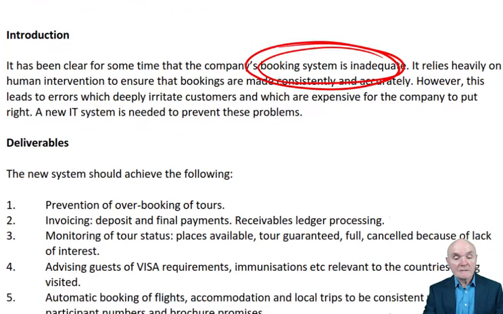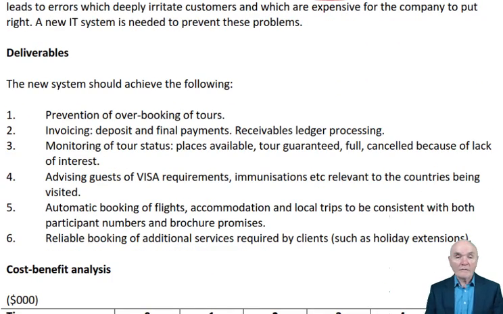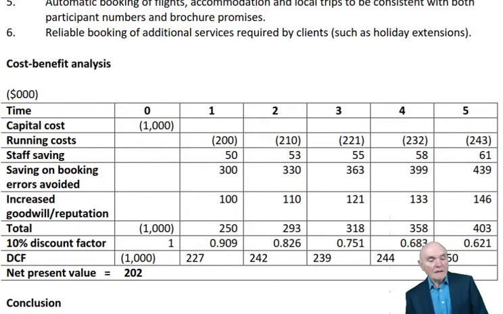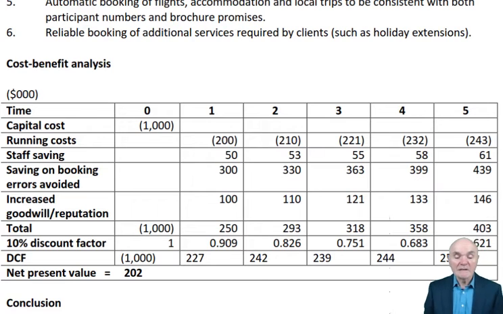At least this person has put in deliverables, what the scope of the project should be, and what we expect to be getting out of this. They've also done some sort of cost-benefit analysis, at least having the idea of doing it using discounted cash flow. Whether an IT person has the skills to do a net present value analysis is something we need to look at.